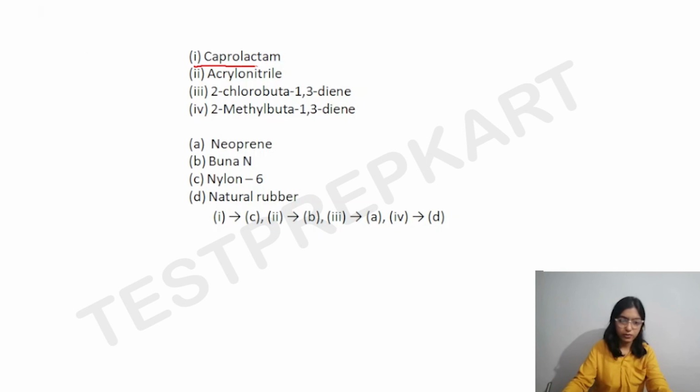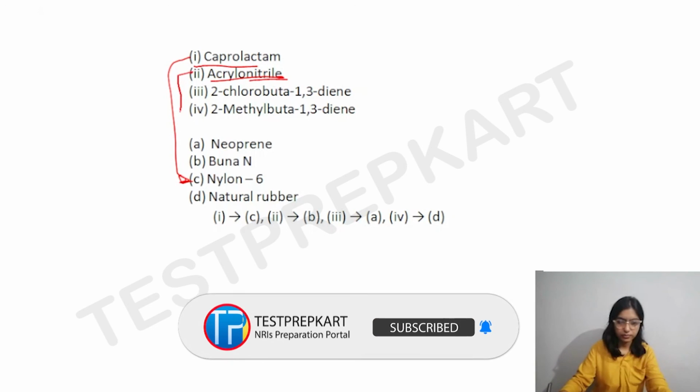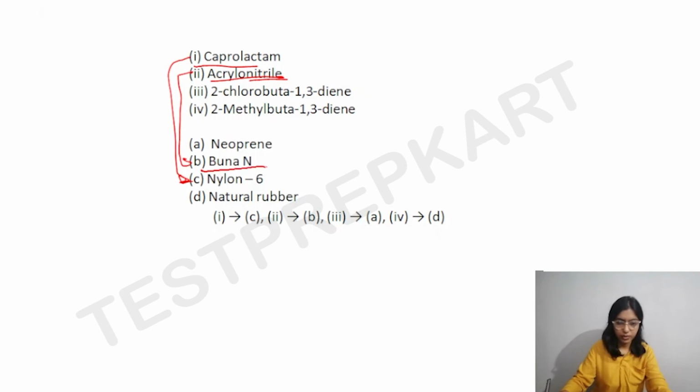Now, match the following polymers: caprolactam, nylon 6; vinyl chloride; butadiene; 2-chloro-buta-1,3-diene, neoprene; 2-methyl-buta-1,3-diene, natural rubber. Like that, you can match them. These are scoring topics, and direct questions come from them.